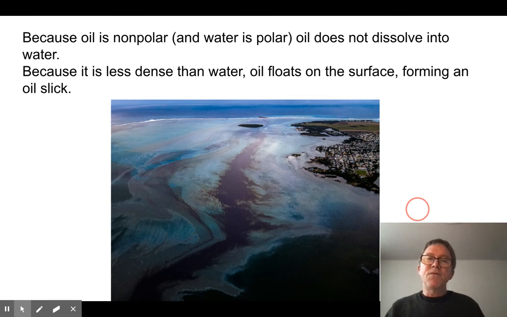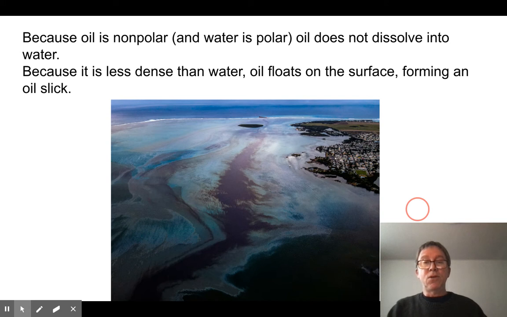Okay, so the first thing we have is, and usually when we think of oil, the bigger economic calamities have happened with oceanic oil spills, and here's the problem: oil is made out of carbon chains, and they're nonpolar. If you look at the bonds between carbon and carbon or carbon and hydrogen, these are nonpolar bonds, and water is hydrogen and oxygen, and it has polar bonds. So water molecules stick to each other, and they don't stick to oil.